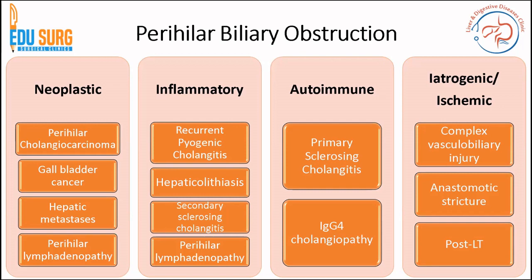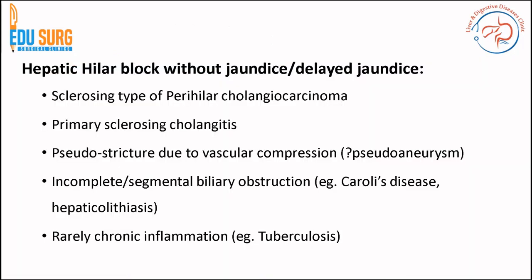Autoimmune diseases like primary sclerosing cholangitis and IgG4 cholangiopathy, and ischemic entities like anastomotic strictures or a post-liver transplant stricture. So these are all causes of perihilar biliary obstruction. And though hilar cholangiocarcinoma may be the commonest of it, the presentation can guide to any of these entities.